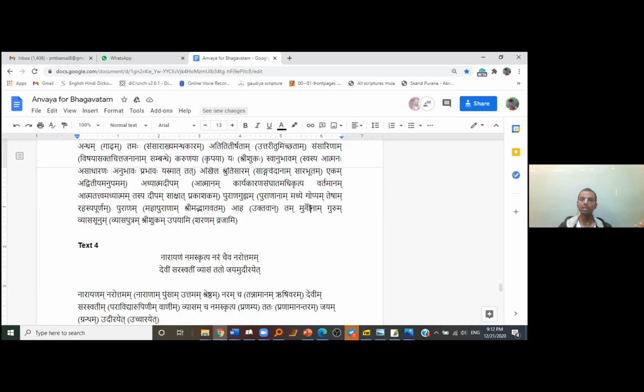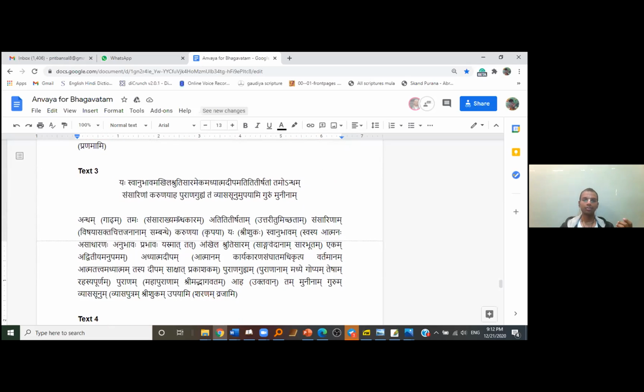So Munis are in general already Gurus of others. And Srila Shukadeva Goswami is Guru of such Gurus, such Munis. And so to such Shukadeva Goswami, Tamaham Upayami. I bow down and seek refuge in him.